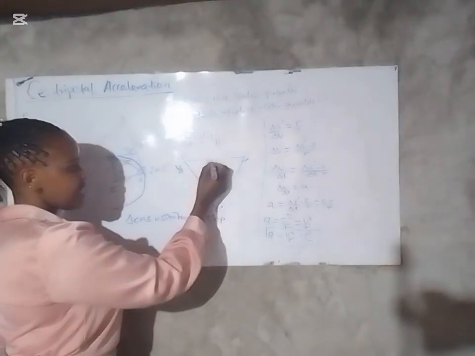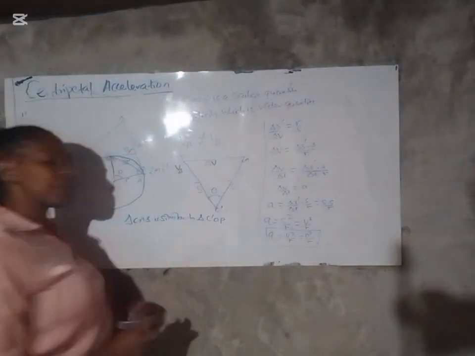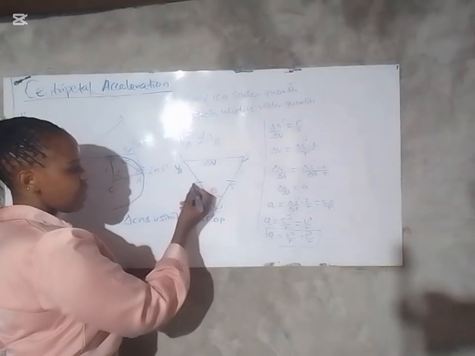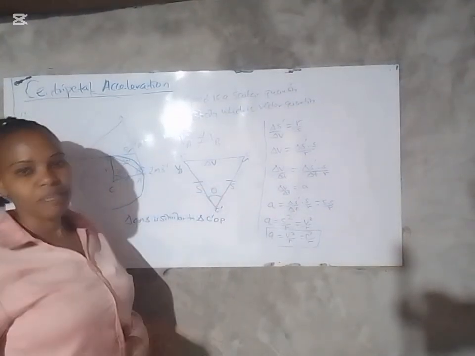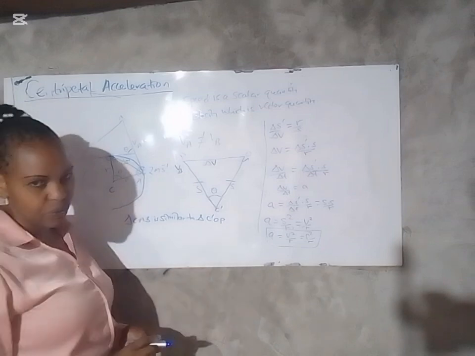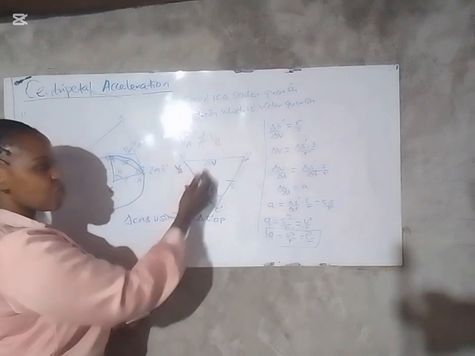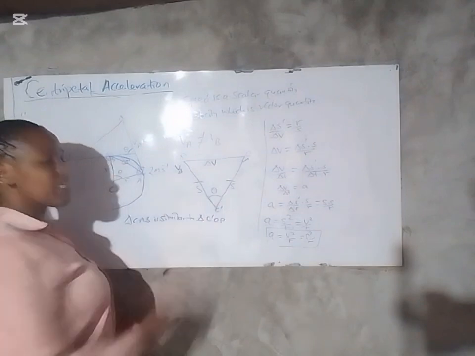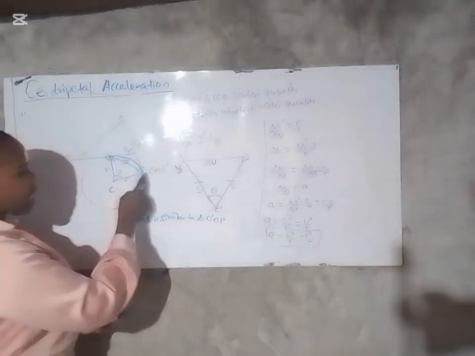What is constant in that triangle is the speed, 2 meters per second. But velocity is changing, so we have delta V, the change in velocity, then constant speed S.